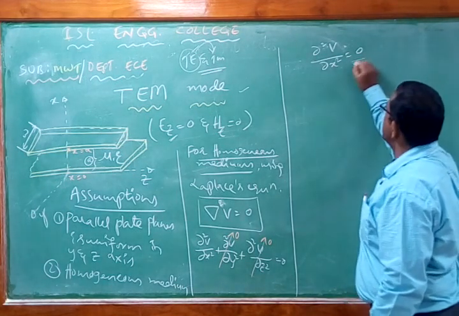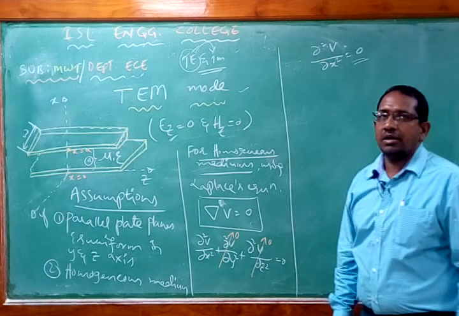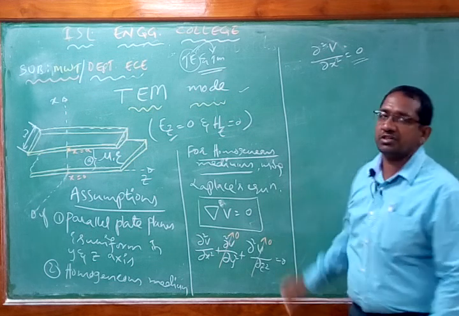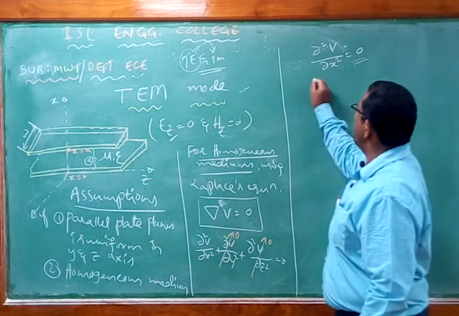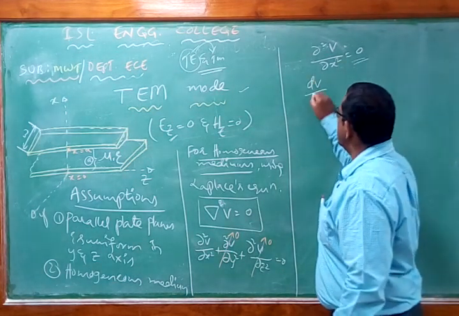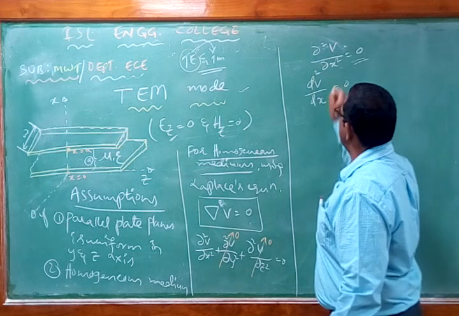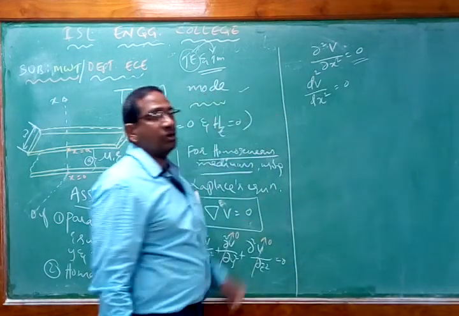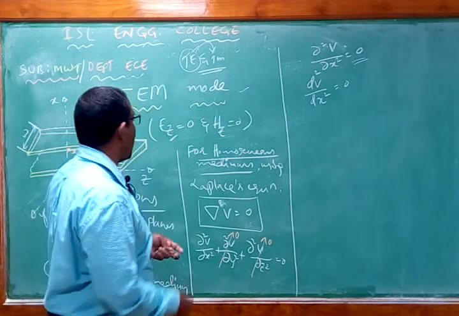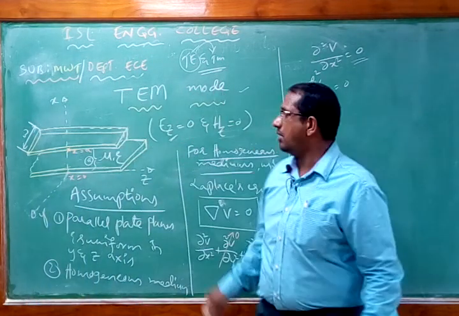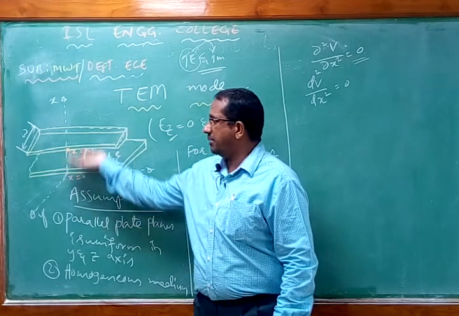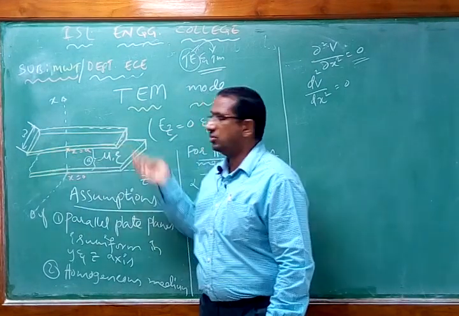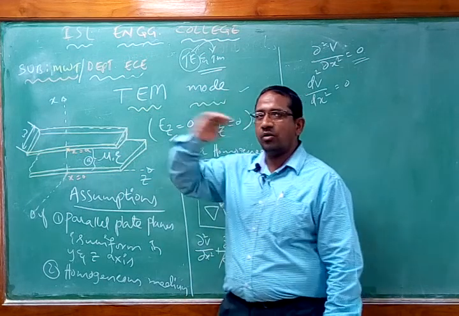Now this is no longer a partial derivative; it becomes an ordinary derivative with respect to x. So finally we can write d square V by dx square equal to 0. This is the equation we get. That means we have a plane along x is equal to 0 and along x is equal to a. This is the plane location.